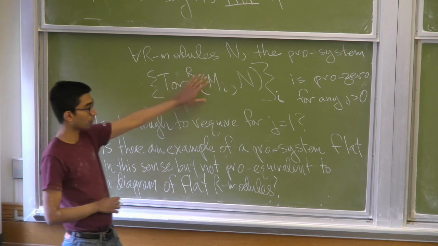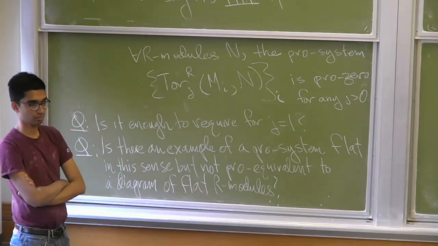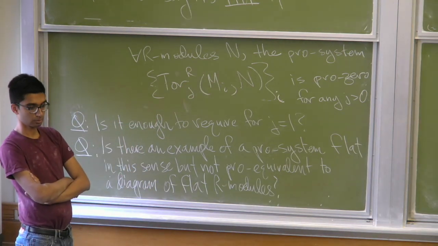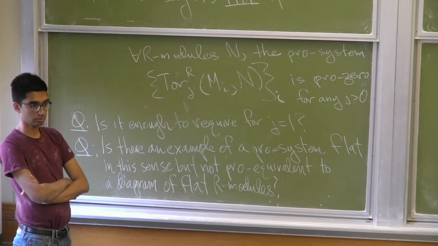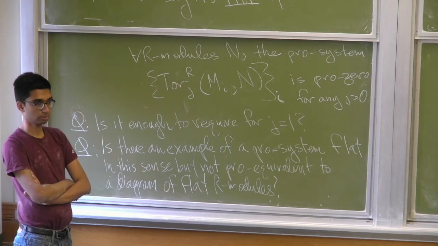But it has to be uniform. However, if you have some R modules, you can form their direct sums, and this will give you some uniform bound.